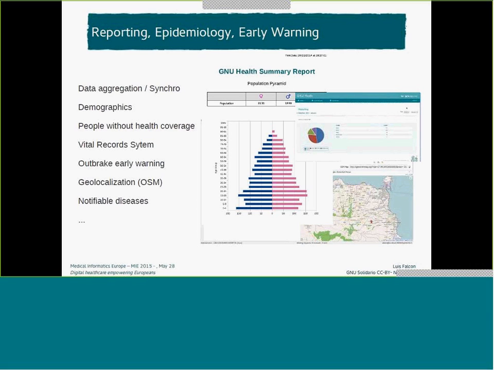It shows you things like the new registrations, new births, new death certificates. In terms of diseases, you will be able to detect and prevent outbreaks with an early warning system based on the information that you are getting from the different health institutions. And all this can be geo-referenced using street maps.